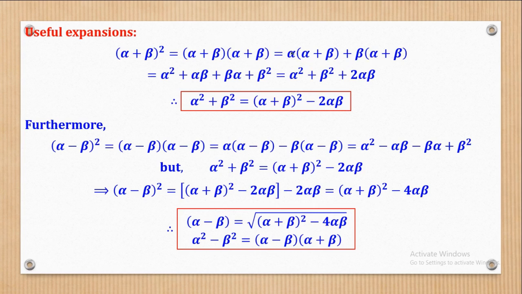Therefore, this times this gives you alpha squared, and this times this gives you alpha beta. Then here, this times this gives you beta alpha, and this times this gives you beta squared. So this and this are the same, therefore it will become 2 alpha beta. Then this one is here and this one is here.